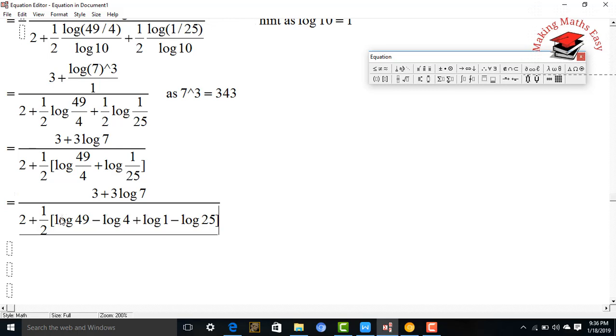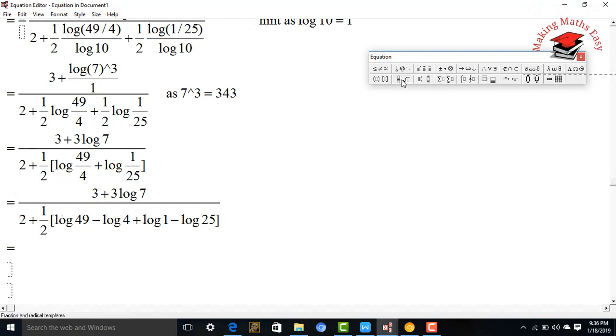As we know that log of a minus log of b is equal to log of a divided by b. So similarly I have used the property over here. So log of 49 upon 4 equals log of 49 minus log of 4, plus log of 1 minus log of 25, as in the case of division we have to replace it by subtraction. So we will move further.